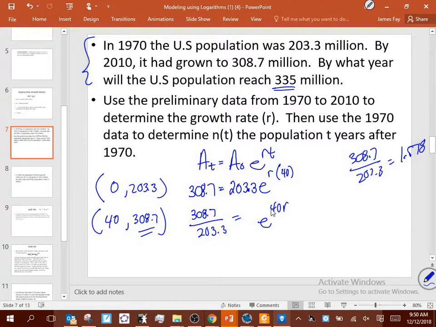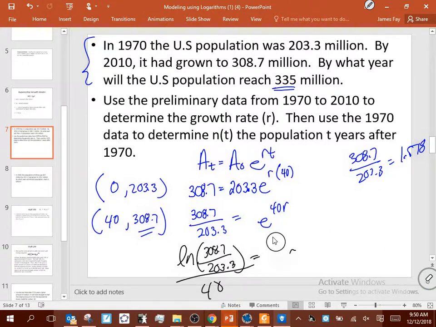Can I solve for R by taking the natural log of both sides? Okay, so I'll take the natural log of 308.7 over 203.3 is equal to 40 R ln of E, right? What's ln of E? 1 divided by 40, right? Okay. That should give me R. Now, what you would see maybe sometimes, and we talked about this in the first class, sometimes in WebAssign, if you mess something up, if they ask for like R here, and you type it in this way, and it was wrong, their feedback might be something like this.